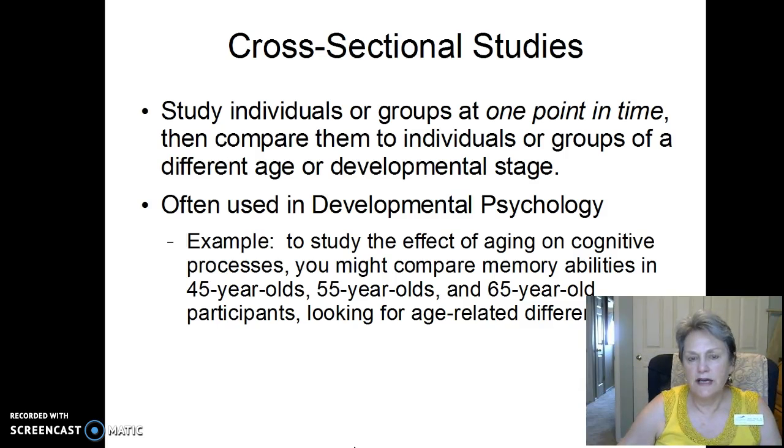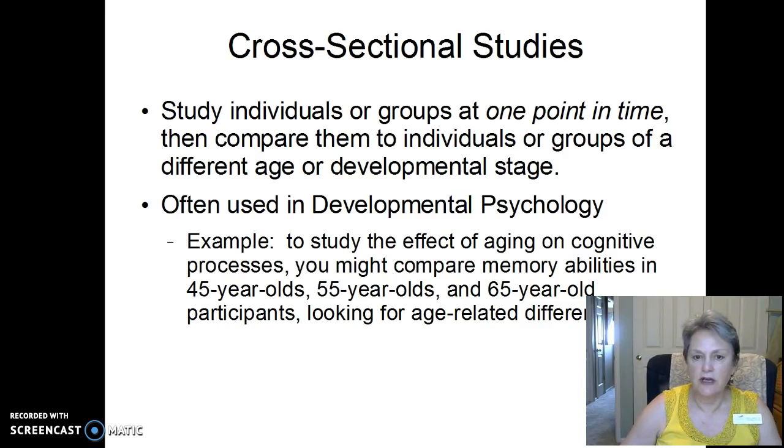And then another strategy used in observational and sometimes correlational studies is called cross-sectional studies. Cross-sectional means that individuals or groups are studied at one point in time and then that information is compared to individuals or groups of a different age or a different developmental age.